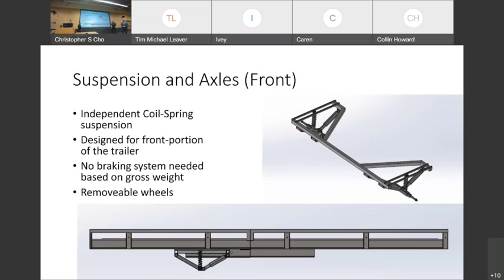So basically cutting off right here, we have the front suspension, coil springs here. This would be ideal for the front section because we don't have to remove the braking system, and we don't have to load it very heavy. We can remove the wheels easily and switch to the larger configuration with leaf spring axles.